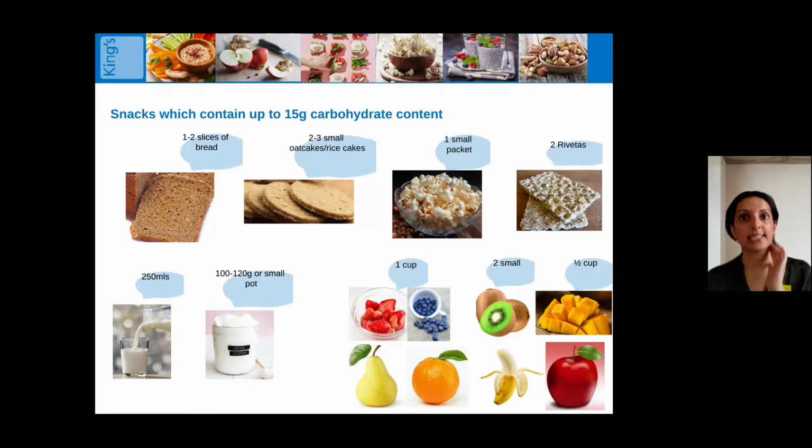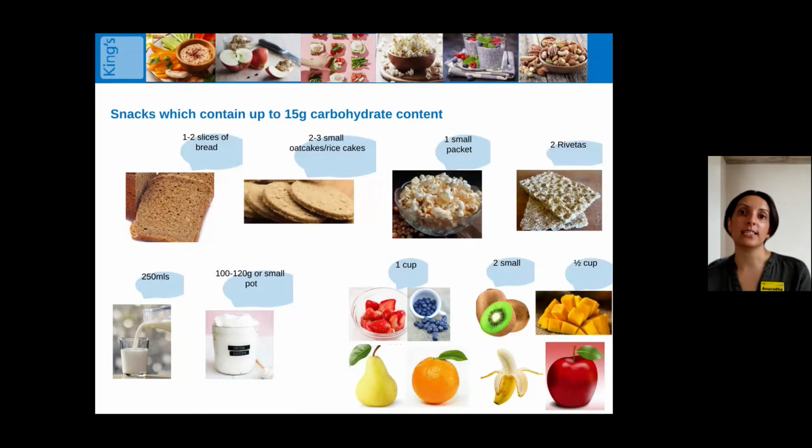Now with your snacks, again, as we were recommending with the main meals, always pair the foods. If you're having carbohydrate within the snack, do make sure you're adding in some form of a protein with that, just to balance out the sugars. Now, you don't need to take a finger prick test after your snacks, but what we do advise is that you keep any snacks you're having at least an hour away from your main meal.